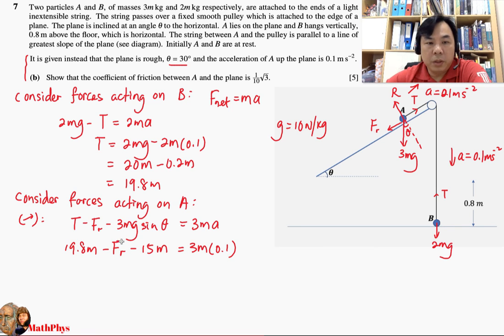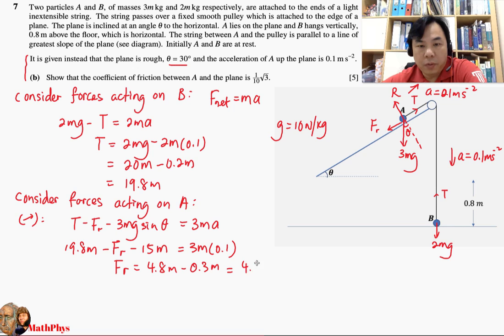Okay, so from here we should be able to get 4.8. So therefore Fr is 4.8m minus 0.3m. That would actually yield 4.5m frictional force. Okay, now that is our frictional force.